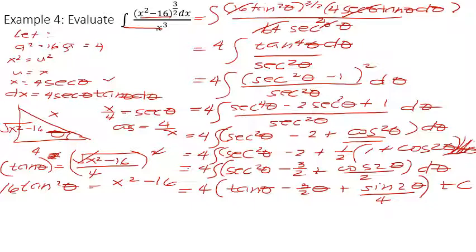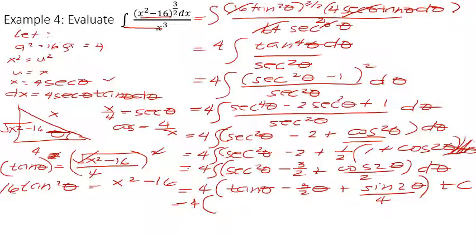So this is not yet the final answer because our given is in terms of x. We need to go back to our original equation, our given. But we already know that we don't have sine 2 theta, right? So what we are going to do is transform this using the double angle identity.